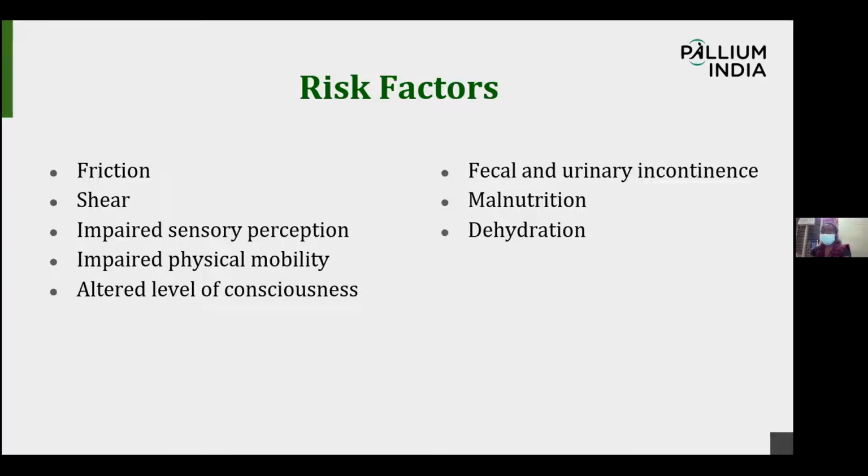And malnutrition and dehydration. If there is malnutrition, lack of protein intake in the diet can cause pressure ulcer formation, and dehydration also. And the final ones are excessive body heat and advanced age. These are the major risk factors of pressure ulcer.